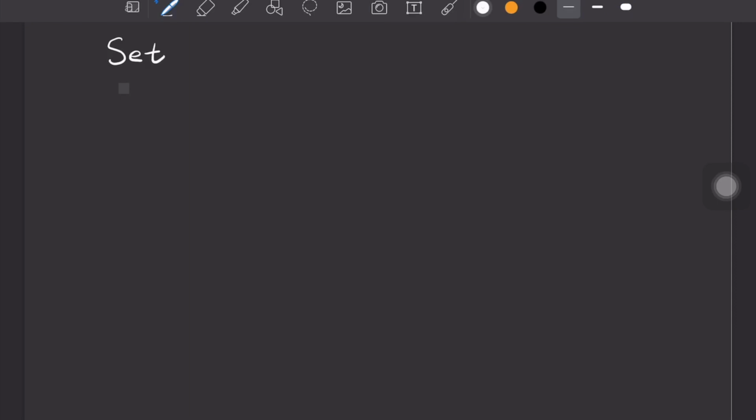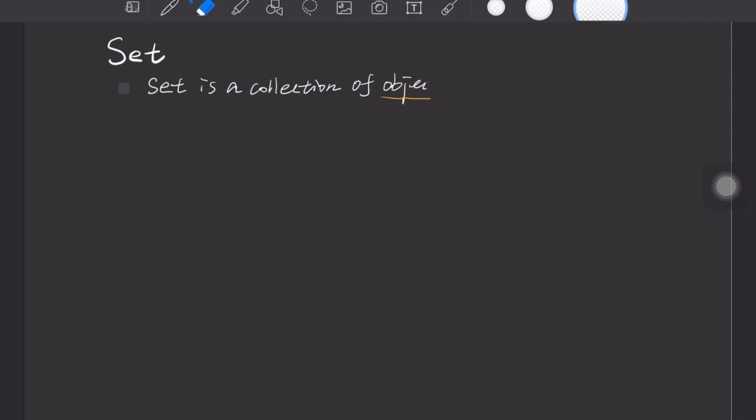This video I'm going to introduce some basic information about set theory. Firstly, what is a set? We can say a set is a collection of objects. We can also call this object an element of a set.